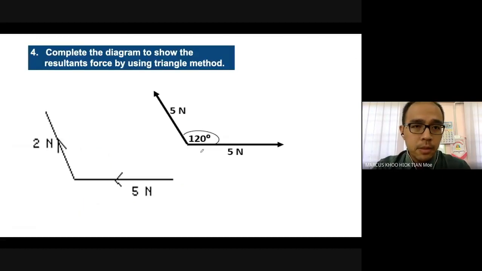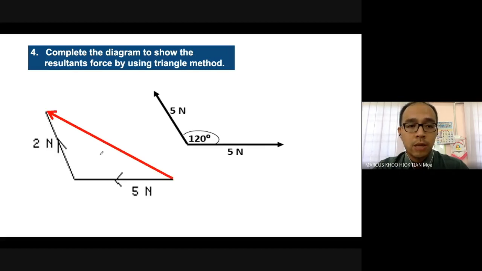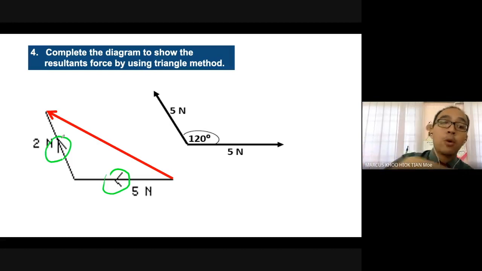So this one is complete the diagram using the resultant force by using the triangle method. Now remember, although it is triangle method, this one can be used. If you see this one is triangle method because the direction of the arrows bersambung.